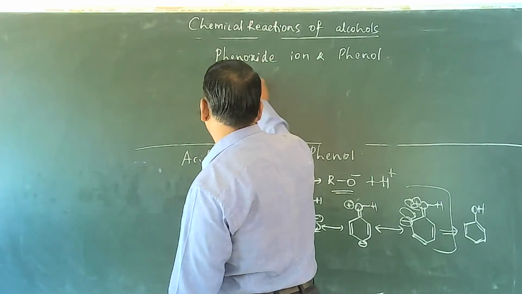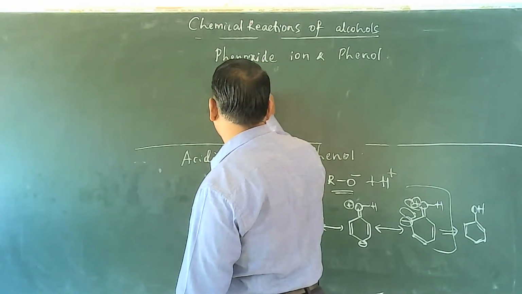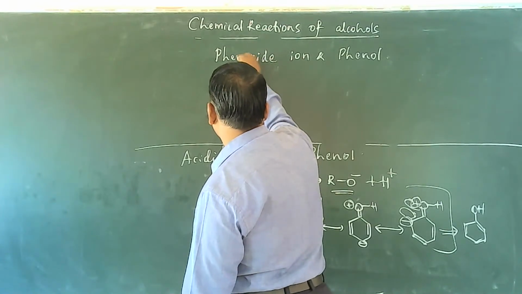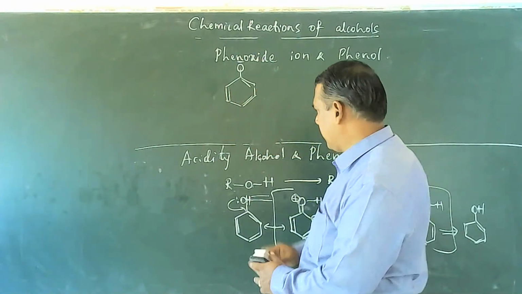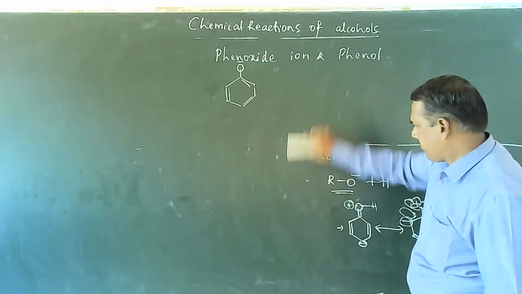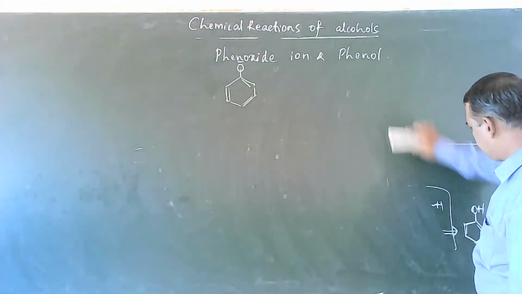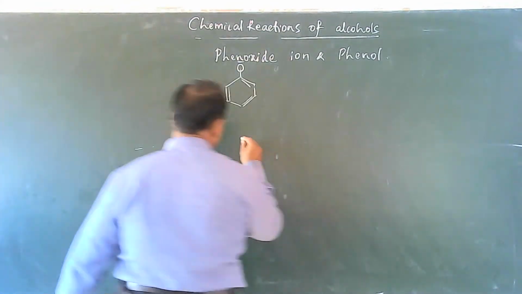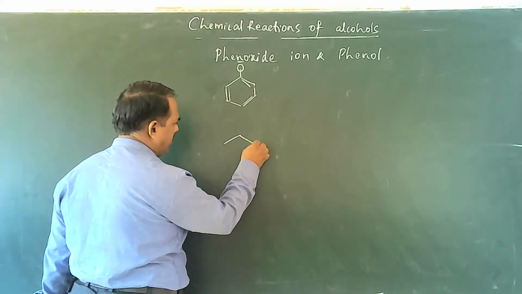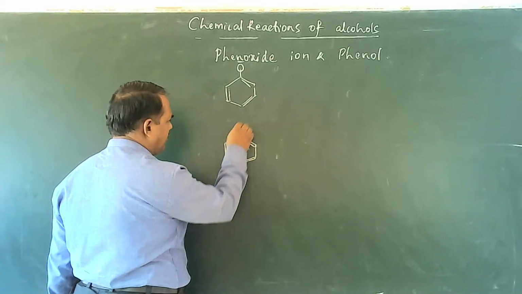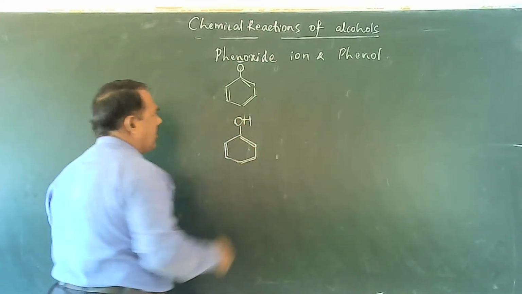This is the phenoxide ion, O minus, and this is phenol.